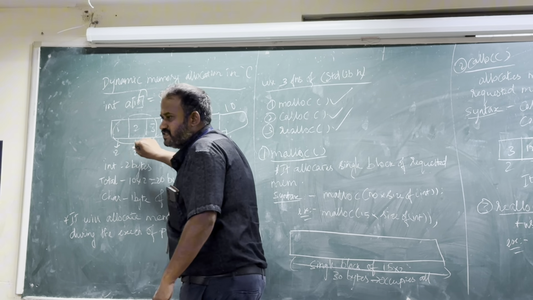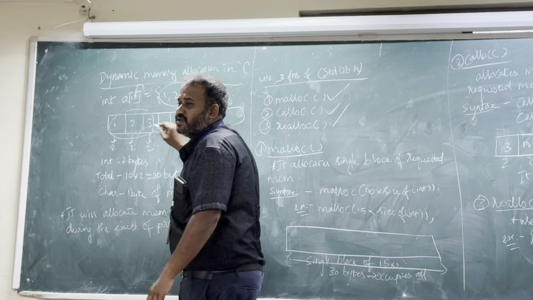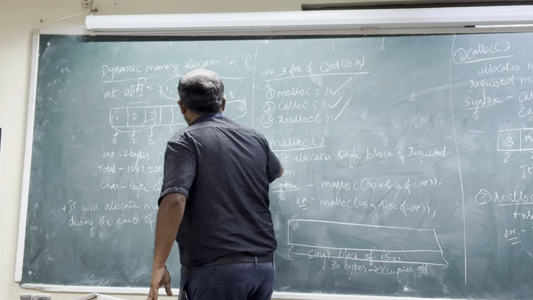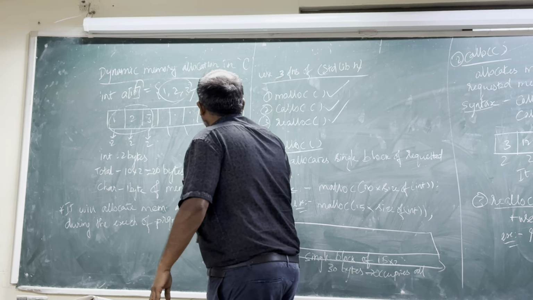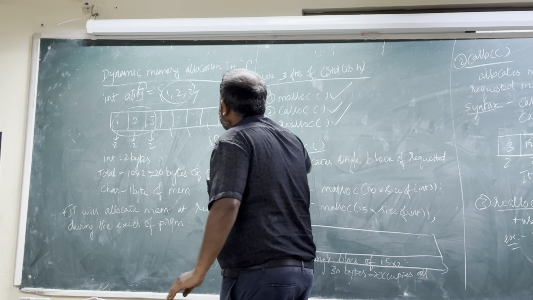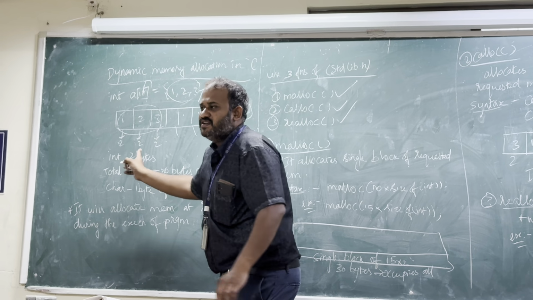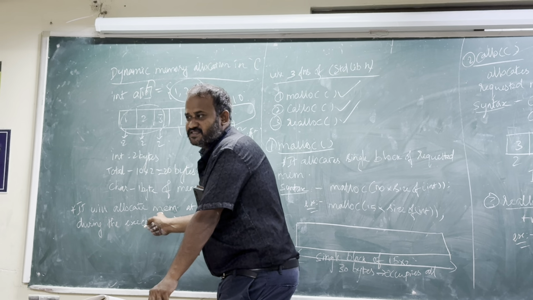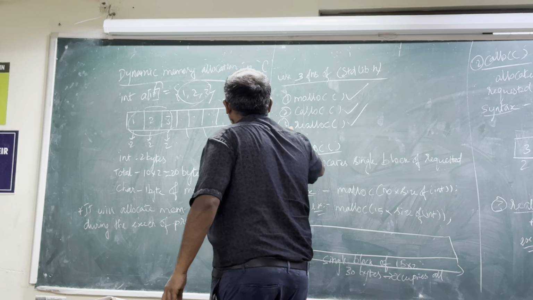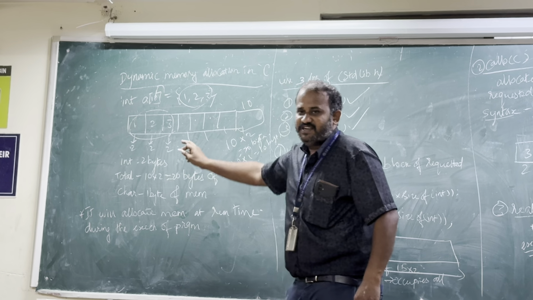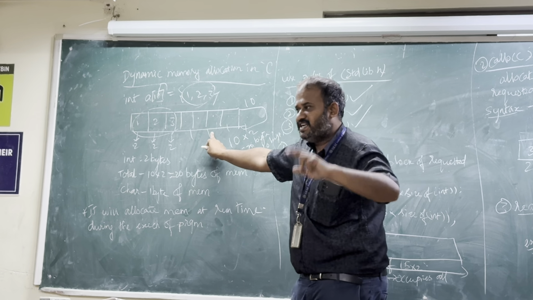So the size is 10, and 10 into 2 equals 20 bytes. If it is a character, it is 10 into 1 equals 10 bytes. Like this it will allocate based on the data types.